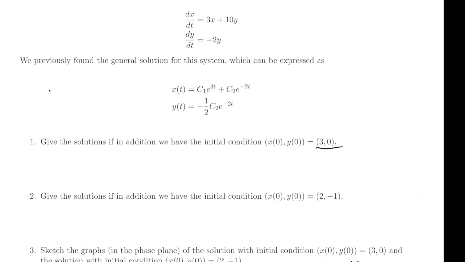And so plugging this in for x, for example, we could set x equal to 3. And when I plug in 0, I would get C1 plus C2, right? And then I can plug this in for y, and we're saying at time 0, y is equal to 0. So we don't need to change how we use initial conditions to solve for these arbitrary constants.